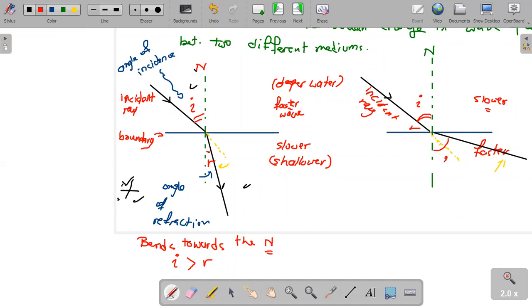This is R, the angle of refraction, and in this case we say it bends away from the normal, and in this case we can say that I is smaller than R. These are the main two ideas of refraction.